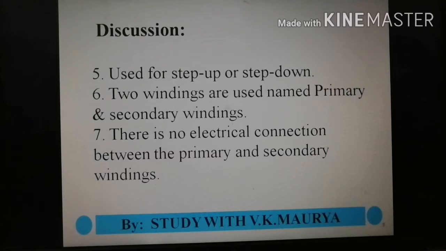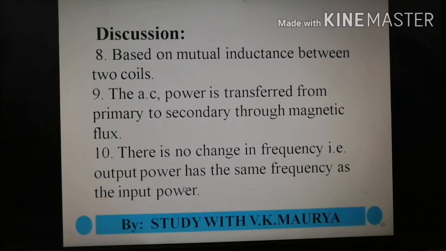Sixth, two windings are used named primary and secondary windings. Seventh, there is no electrical connection between the primary and secondary windings. Number 8, it is based on mutual induction between the two coils. Number 9, the AC power is transferred from primary to secondary through magnetic flux.